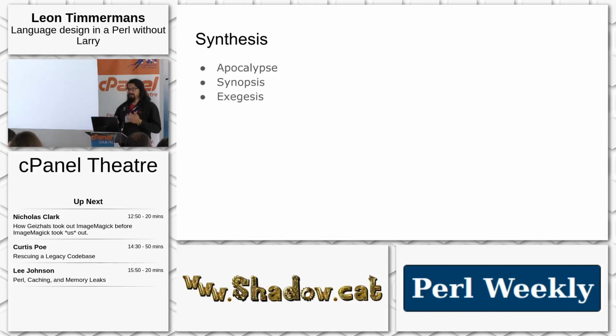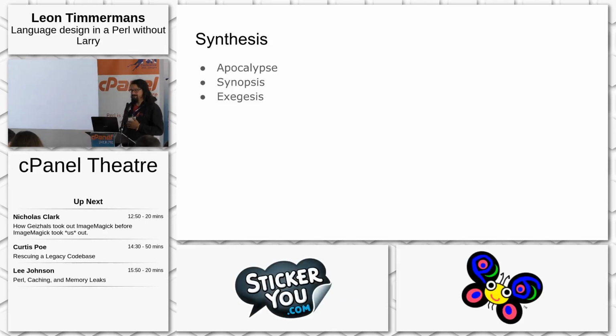And basically what Larry did is he gathered all of them and then he wrote the apocalypses. Now this sounds very scary, but apocalypse is just a Greek word for revelation. In these he described all these RFCs, and whether he accepted them, rejected them, or changed them.